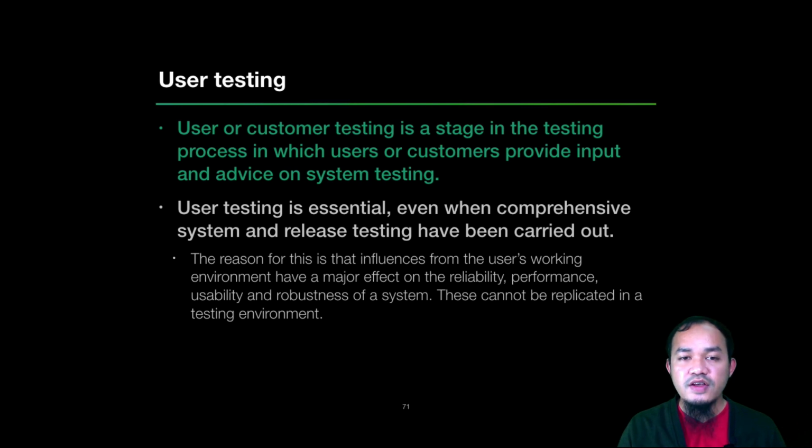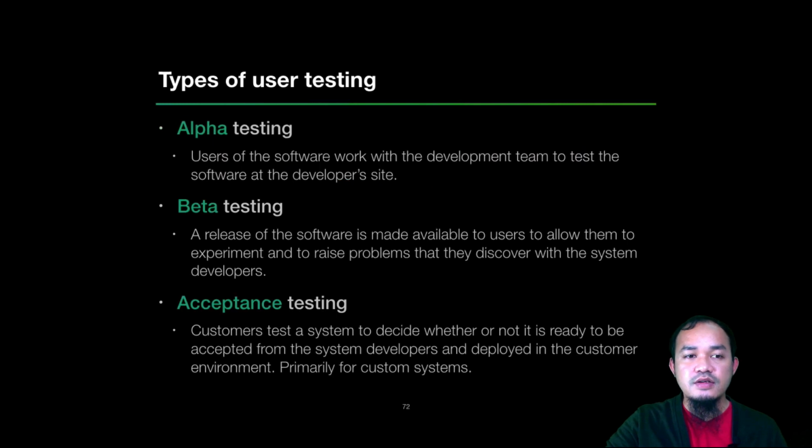We may give them time to use the application, and then they will discuss the result of the test. This is a kind of black box testing because users do not know about the code, but they can use the program via the interface, enter data, print output, and so on, to see whether the application is working well according to their needs or not. Then we call it user testing.